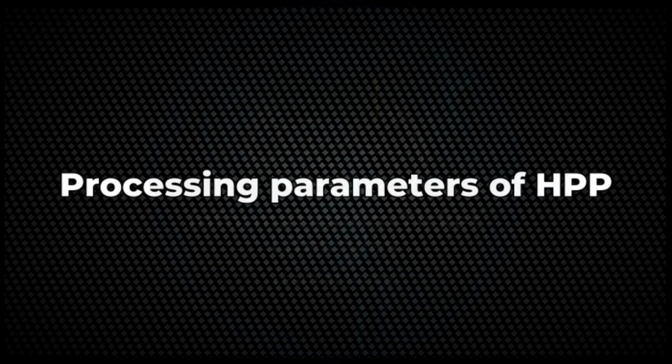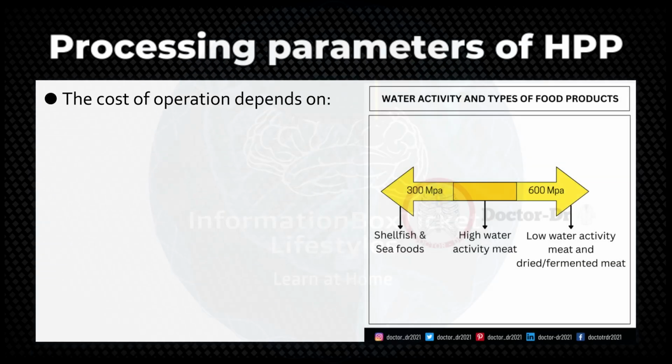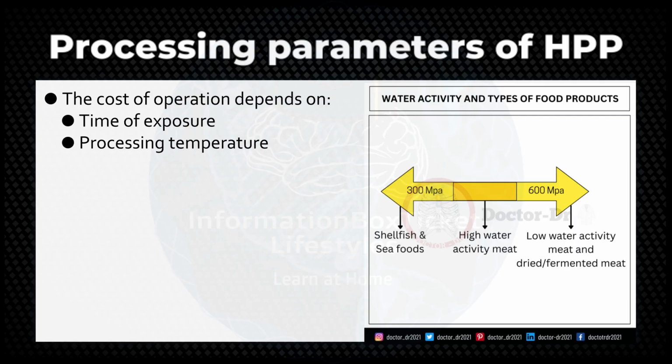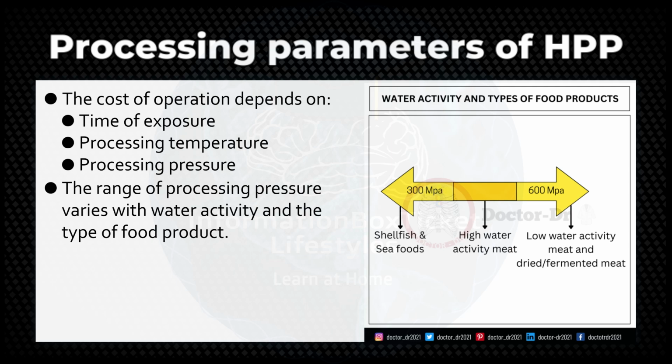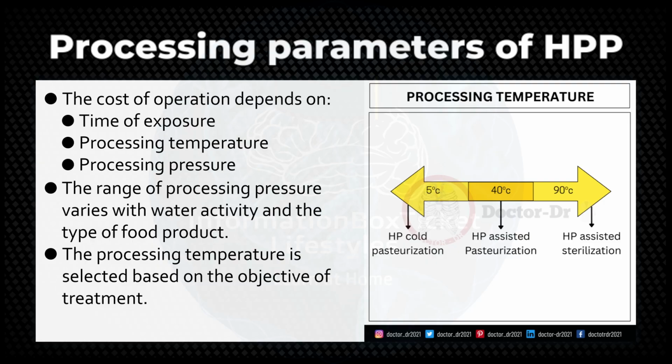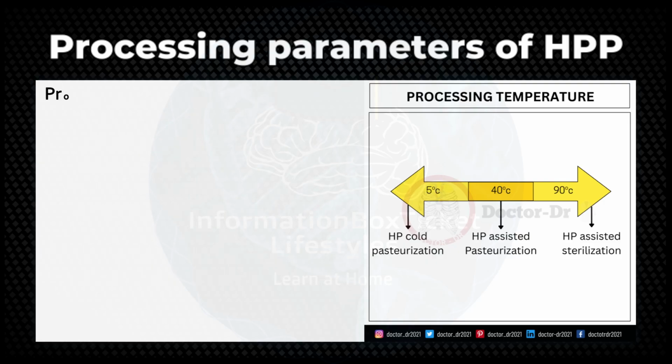Processing parameters of high-pressure processing. The cost of operation depends on time of exposure, processing temperature, processing pressure. The range of processing pressure varies with water activity and the type of food product. The processing temperature is selected based on the objective of treatment.